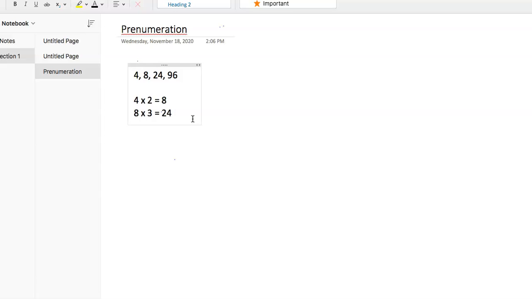Equals 24. Okay, and then I can see, I'm kind of trying to figure this out. I got the 2, and I got the 3. Okay, and so if the next one is times 4, then I'll know what the pattern is, right? They just keep on multiplying by one more each time. Okay, so let's see what they do.